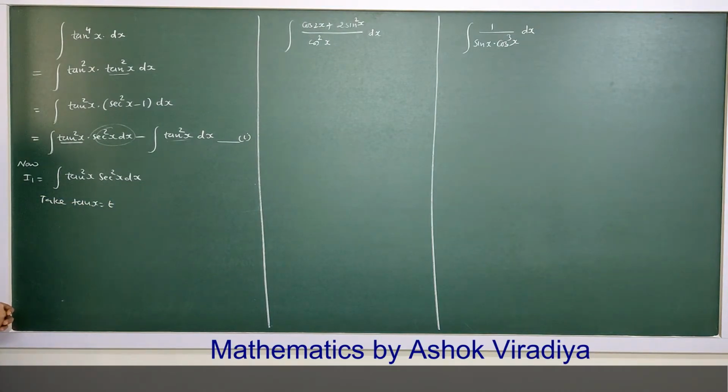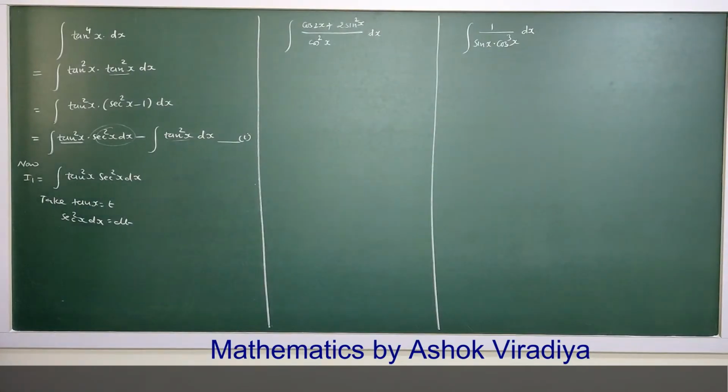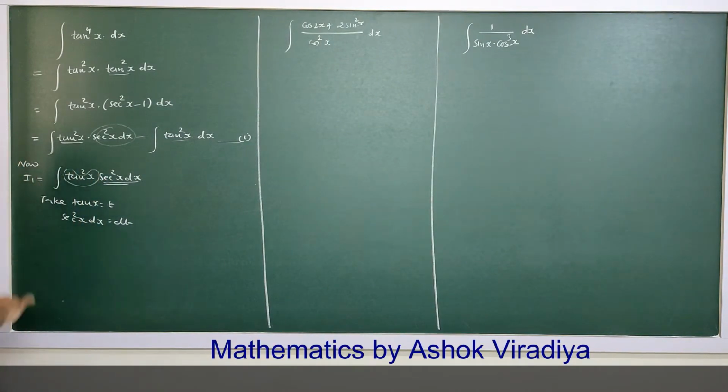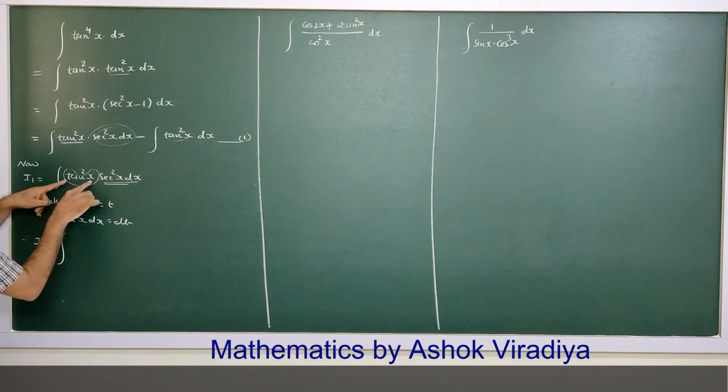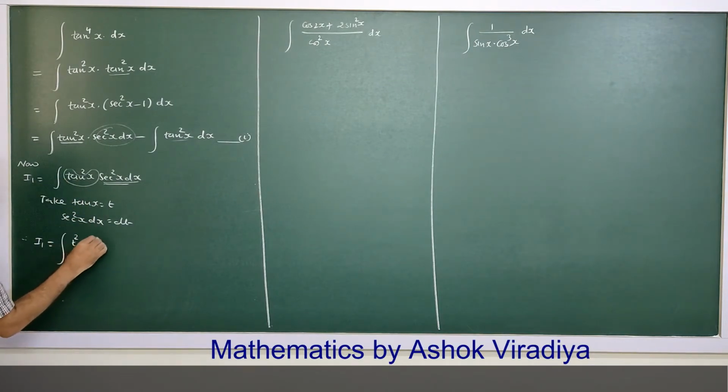Taking tan x equal to t, sec square x dx, derivative of tan x is sec square x, dx is dt. So this can be removed by taking tan x equal to t. So integral is tan x is t, so t square, sec square x dx is dt.